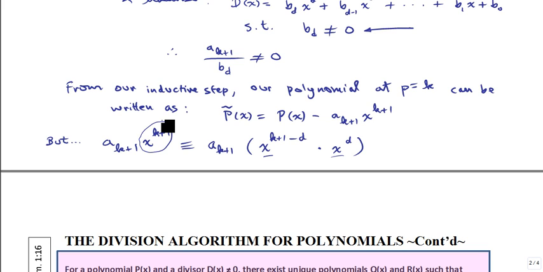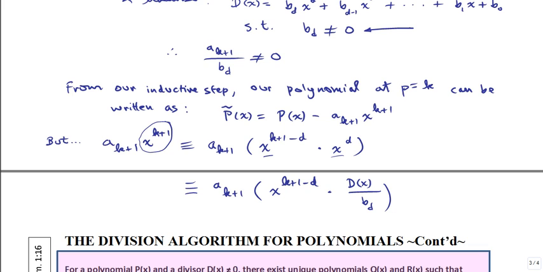So I haven't really done anything so drastically different there. They are equal. But that allows me to write this as follows: a sub k plus 1 times x to the k plus 1 minus d. Now this x to the dth power, remember, is the divisor polynomial divided by the b sub d term.